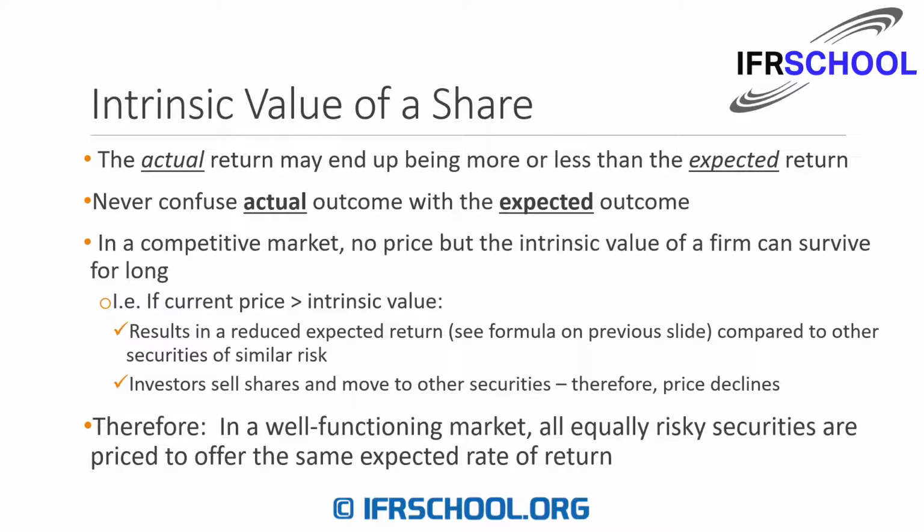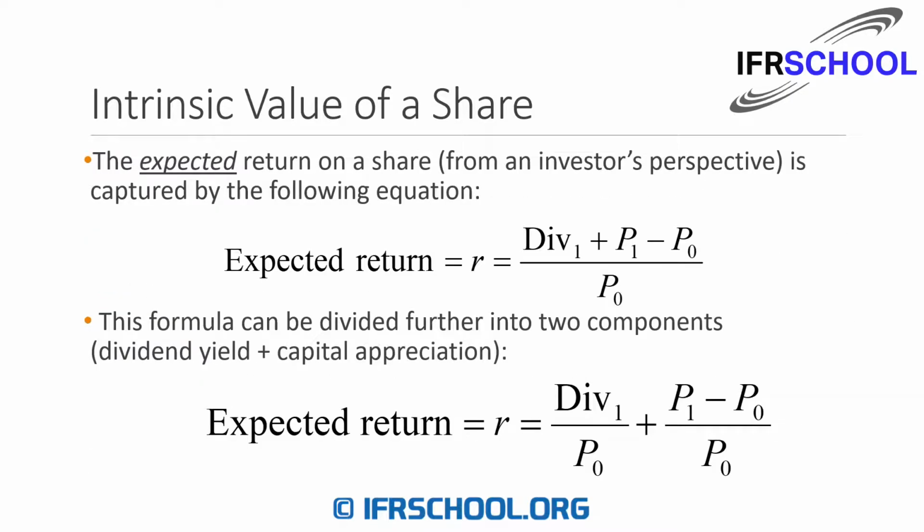Let's discuss this mechanism. If the current price of a share is greater than its intrinsic value, this will result in a reduced expected return for that share compared to other securities with similar risk profiles. If we consider the equation we just discussed, if the current price, or the share price at the beginning of the investment period, P0, is higher than the intrinsic value of the firm, this will mean the denominator in this equation is high.